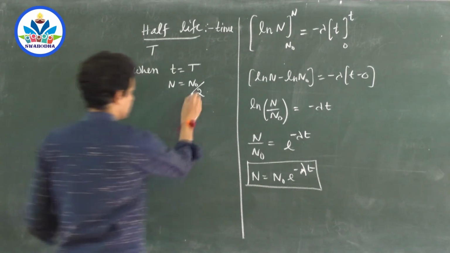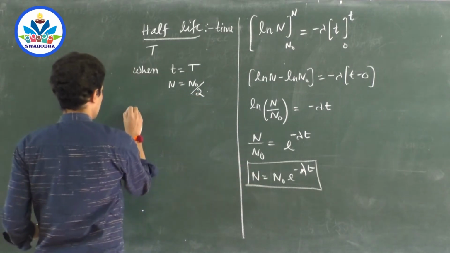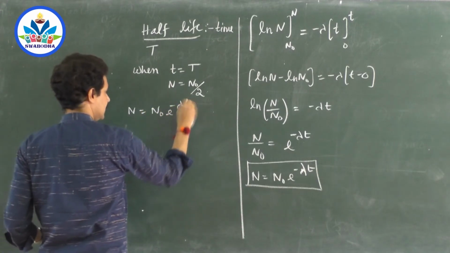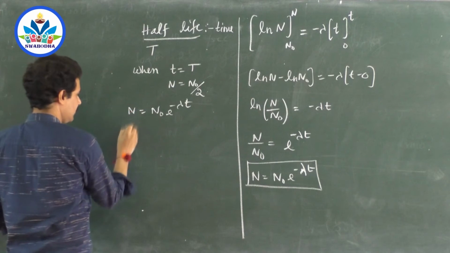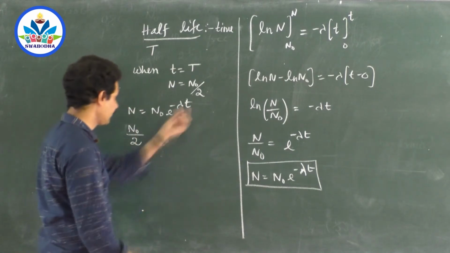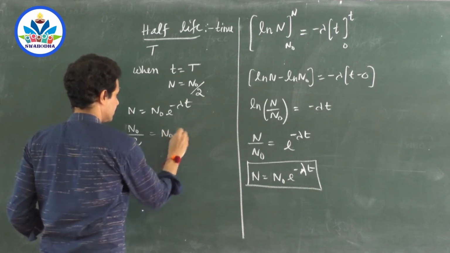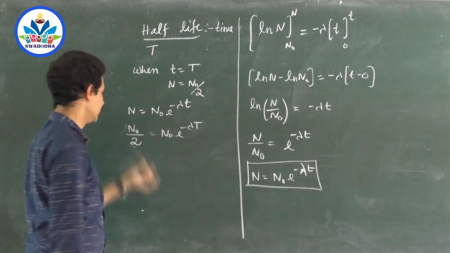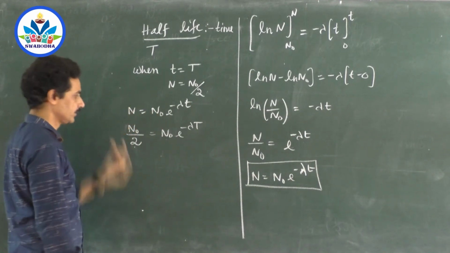So if you use the general formula N is equal to N naught e to the power minus lambda t, then this N should be N naught by 2, because exactly after half-life the number of atoms in the sample becomes half of the original number.